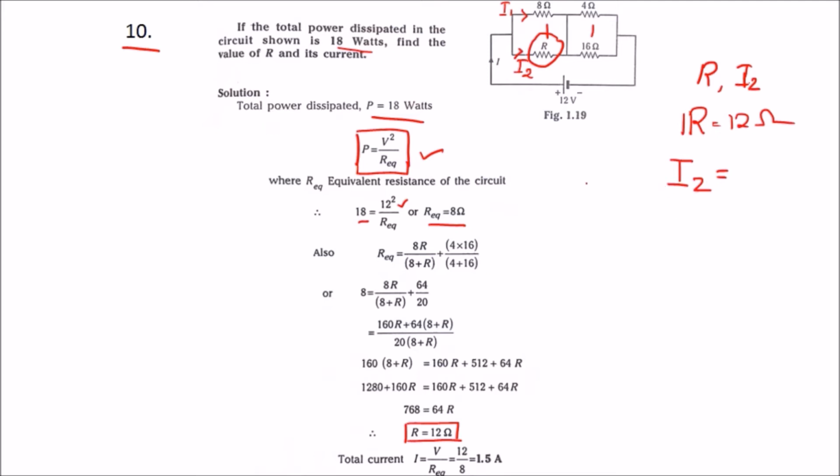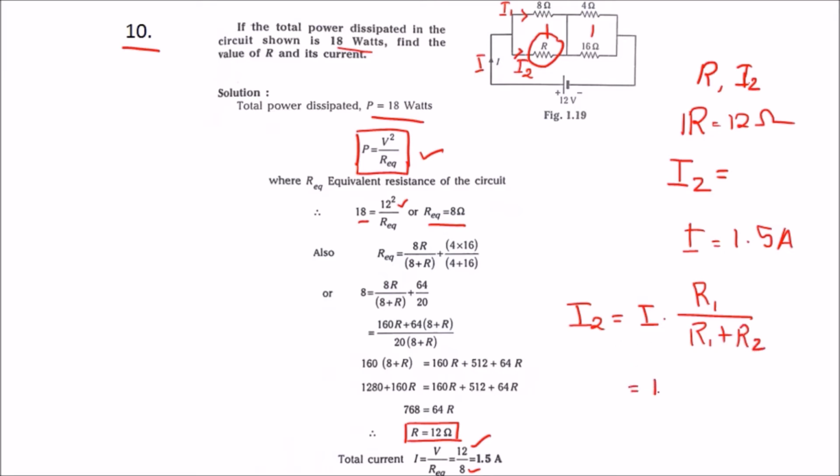Before finding I2, we need to find the value of I. So the total current is equal to V by R equivalent, that is 12 by 8, which is nothing but 1.5. So I is equal to 1.5 amps. Now we know the current formula when the resistors are in parallel. So I2 is equal to I into R1 divided by R1 plus R2.